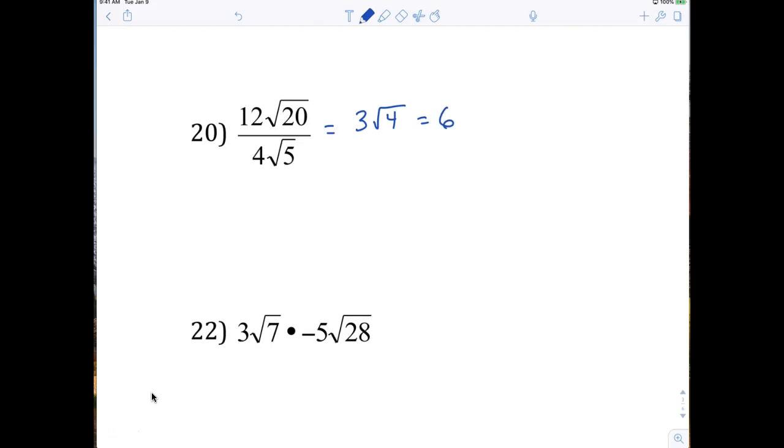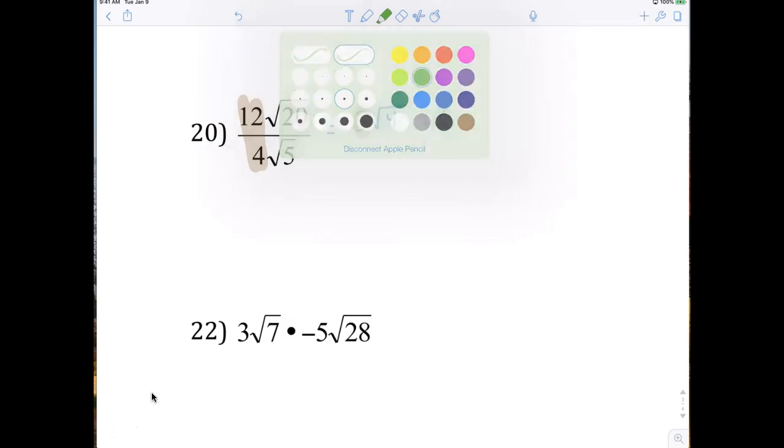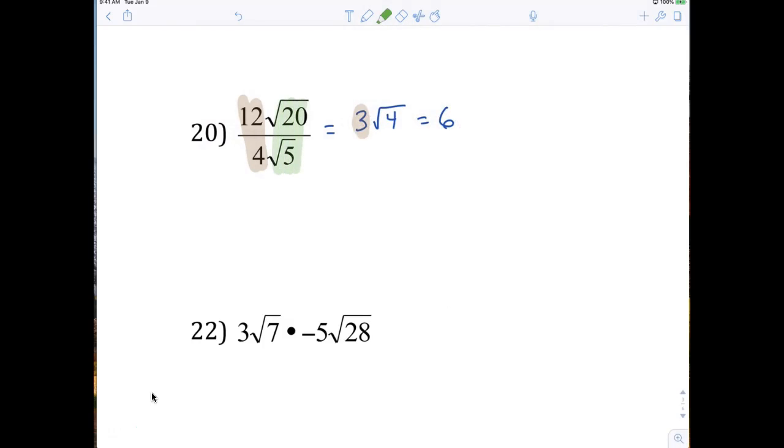Very good. It's 6. Can you tell me what 12 divided by 4 is? You good now? Yes, sir. What's the square root of 4?